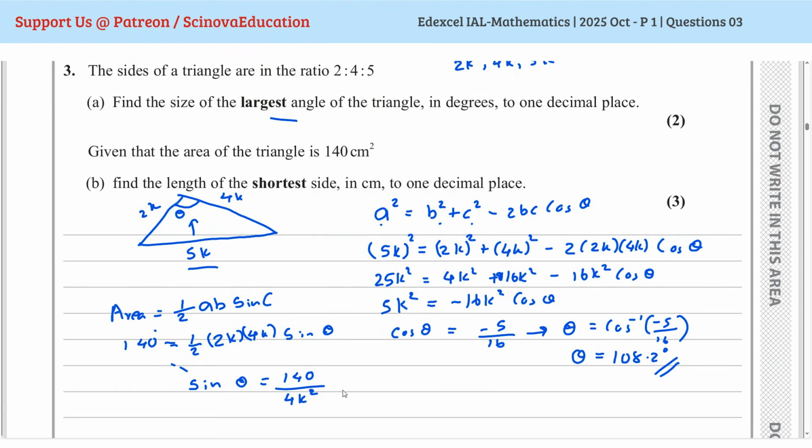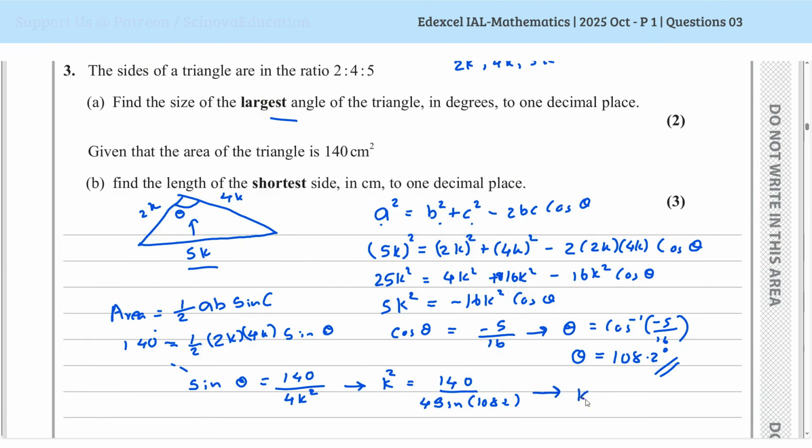And since we know the value of theta, the k value can be found using 140 over sine 108.2, and we also have a 4, which actually gives us the k squared value.